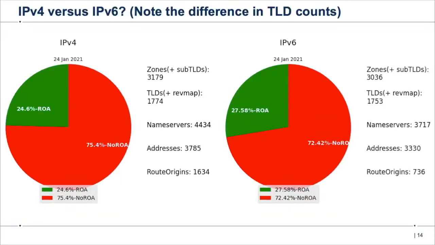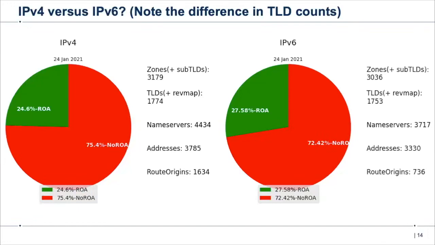So v4 versus v6, they're pretty similar. It used to be that IPv4 and v6 would be different because of the experience we had with these two protocols. And largely, it's not much of a difference anymore. It's just about a 3% difference between the two, between 24.5% and 27.5%. But in doing this chart, I was wondering why the numbers were just off a little bit, because I look at my counts and they're different.